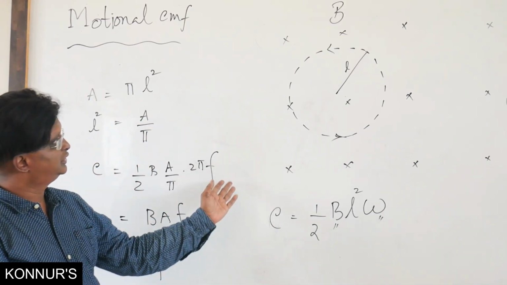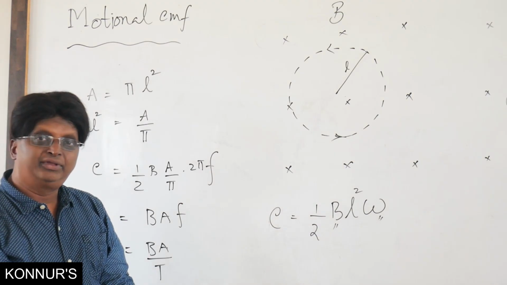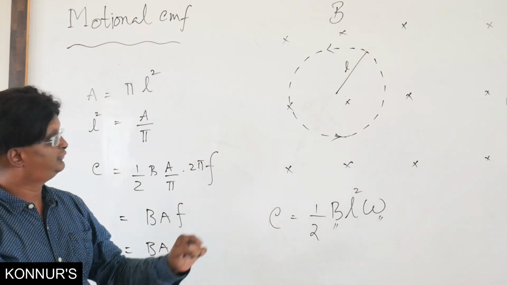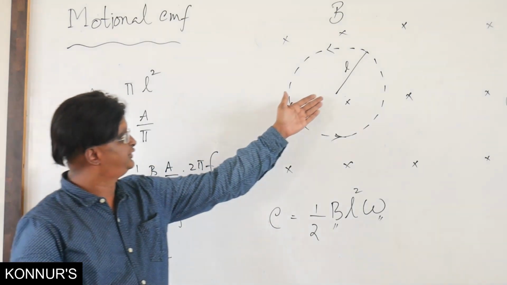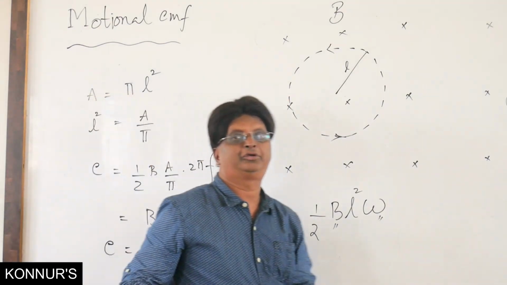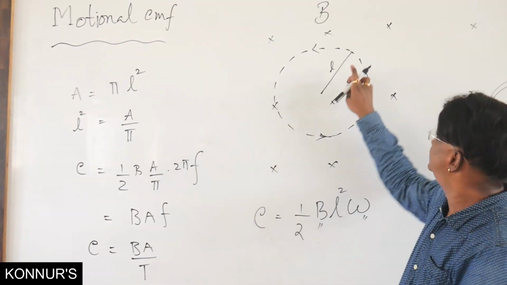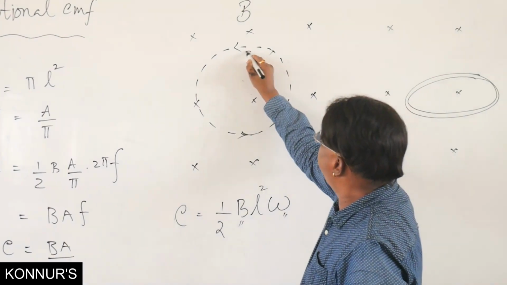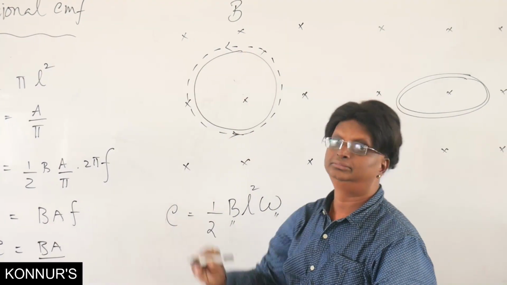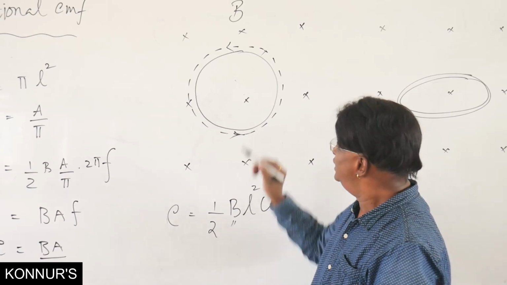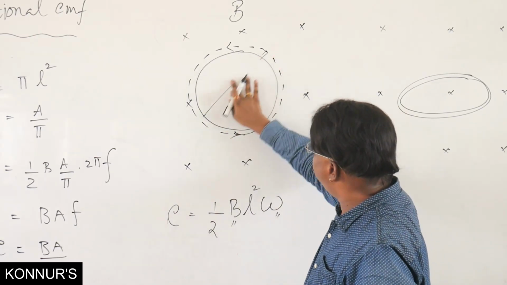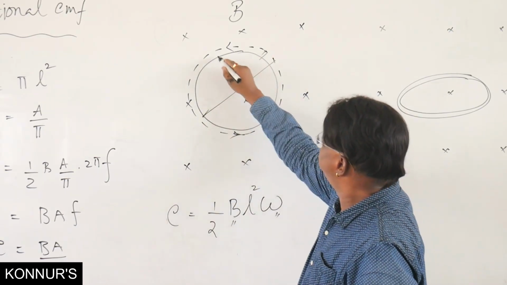Supposing the same example with a difference. Instead of this rod, I will change it, supposing this is a wheel. This is a wheel made up of a large number of spokes.